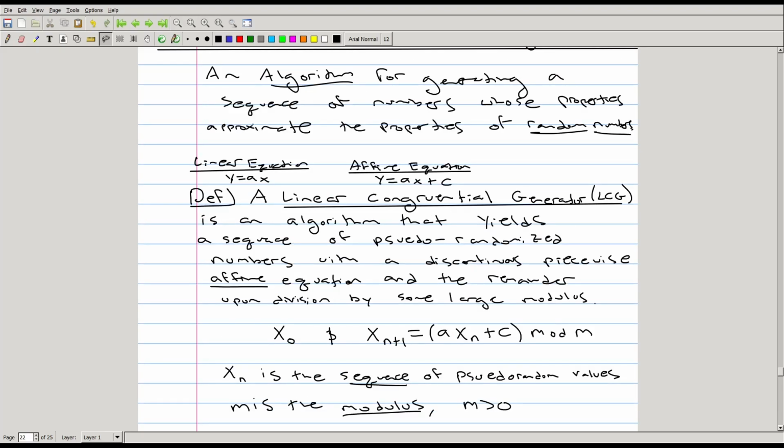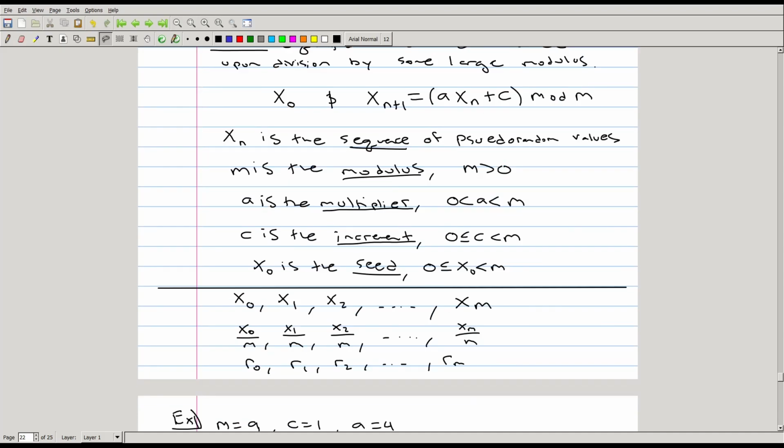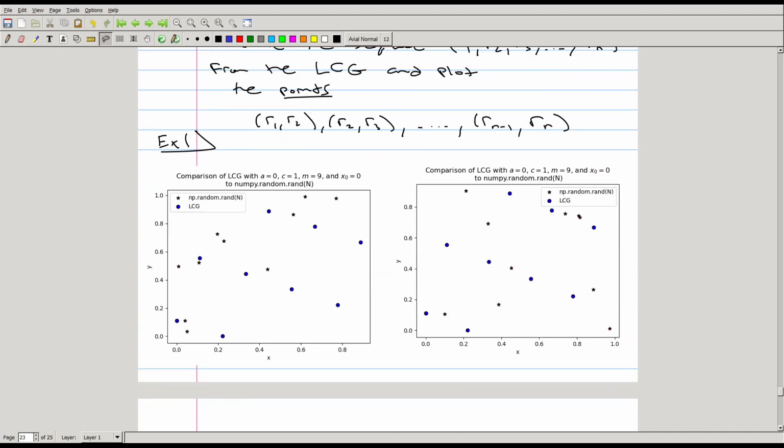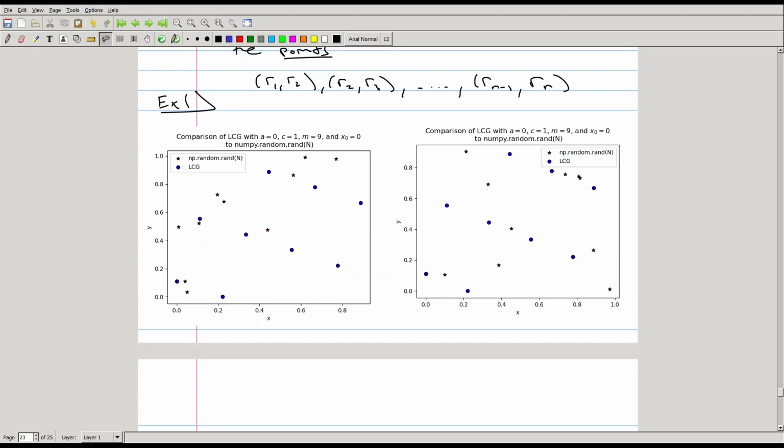So the idea here is that when you take ax plus c mod m, you're just going to get a bunch of lines in n-dimensional space.